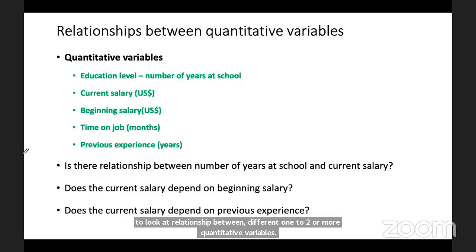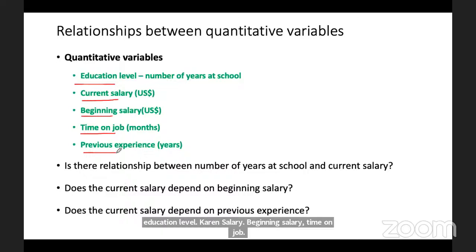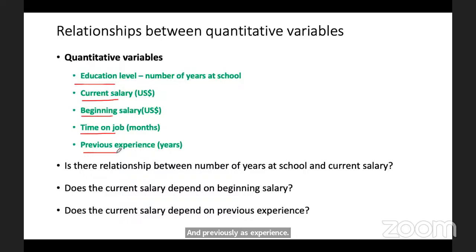Initially, our quantitative variables were education level, current salary, beginning salary, time on job, and previous experience. The question one would be interested in is, is there a relationship between the number of years spent at school and current salary? If I spend more years at school, will I get paid more?